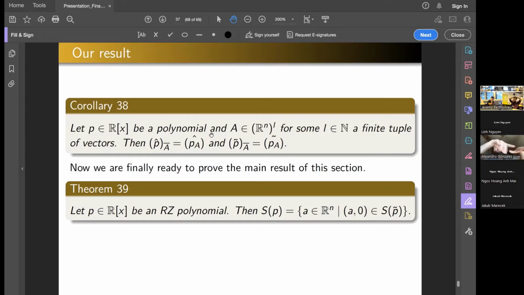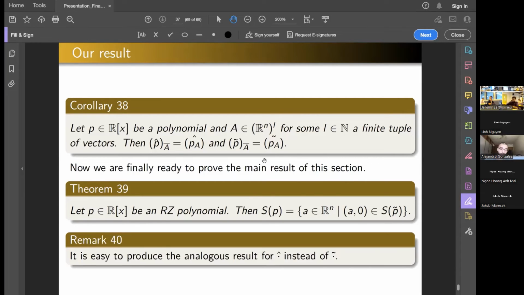Use that to see that in each plane we are going to have that the two polynomials we are interested in produce the same relaxation of the rigidly convex set of the polynomial, and then we prove the result, that is that the relaxation with respect to P is equal to the restriction, setting the last variable, the additional variable y to 0, of the relaxation of the new polynomial.